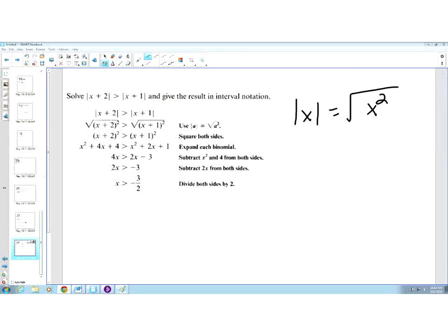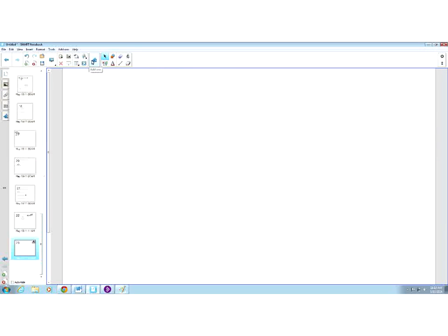So here we're translating. Let me go to another slide. What if we wanted to sketch the graph of this function with absolute value?